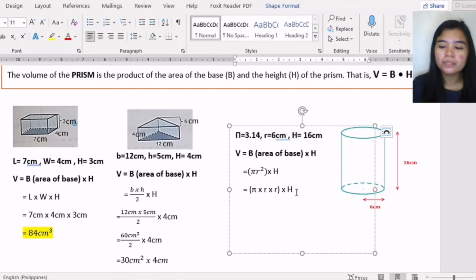And then after that, write equal and let's substitute the given values. The pi, let's replace it with 3.14. And then copy the multiplication symbol and substitute the given value of r or radius, which is 6 centimeter, and then copy the multiplication symbol again and substitute the value for r, which is 6 centimeter, and close parenthesis.